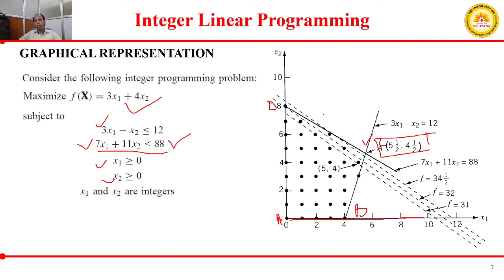Okay, but when you try to see, when you are shifting this objective function line, that is f 34.5, then f 32 and f 31, you will see that after the value f corresponding to 34.5, there is one value, that is f 32, which is corresponding to the objective function value for 5 comma 4.